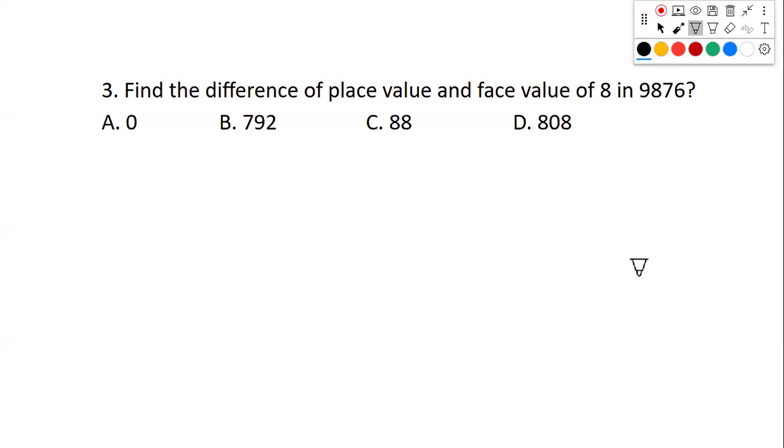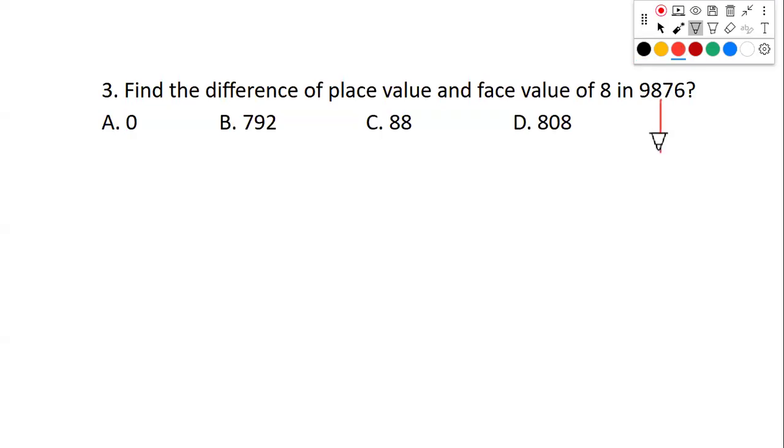Find the difference of place value and face value. I think some of you are already giving the answer. Face value of 8 is 8 only.